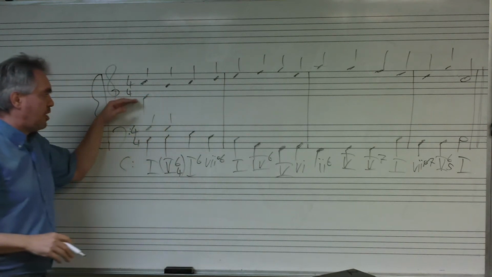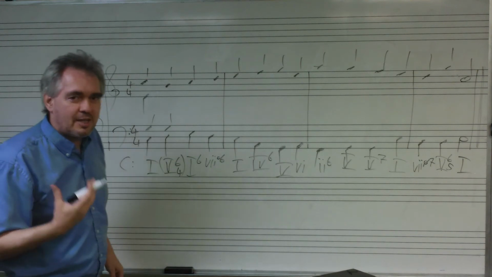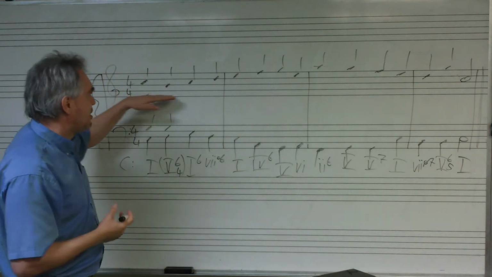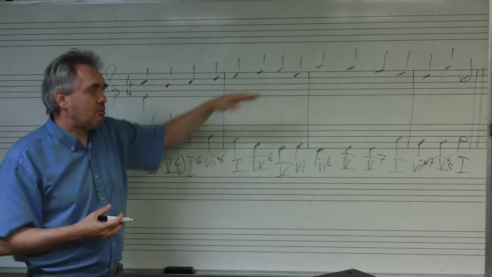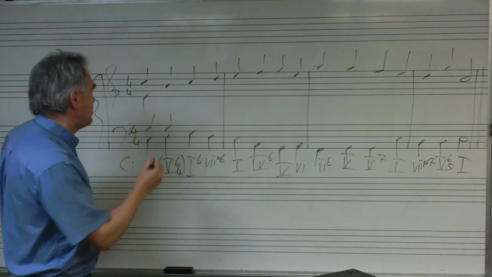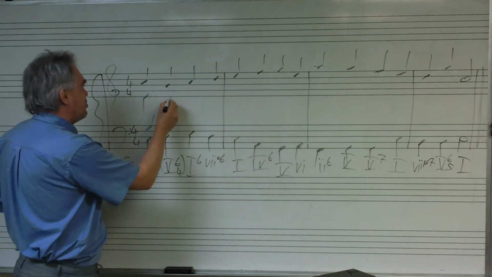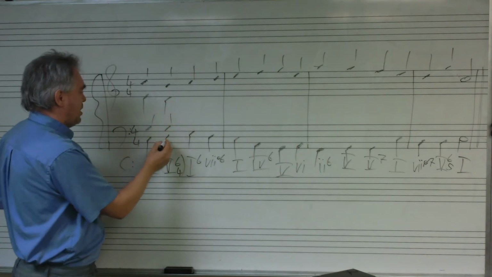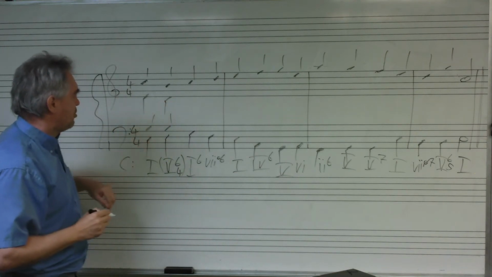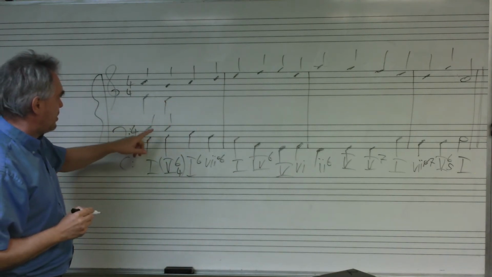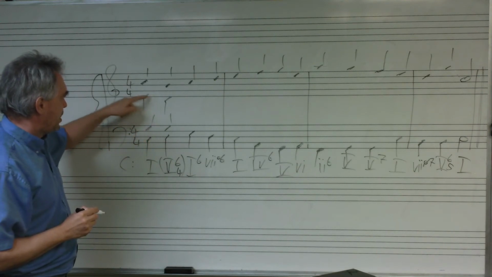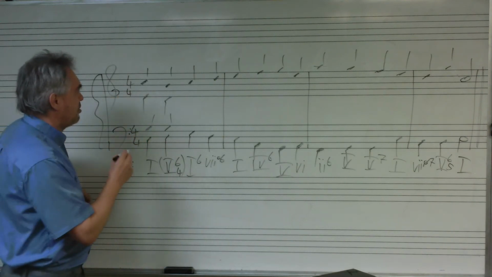The nature of altos and tenors is that they are kind of boring to sing. They sometimes have repeated notes, or they have relatively small intervals. So if I go down to D, which means I double the 5th of the chord, then it is the smallest possible interval.